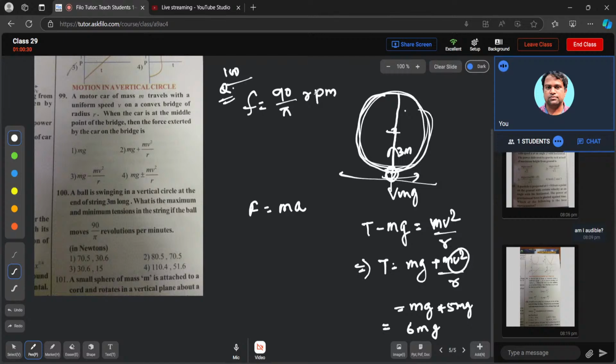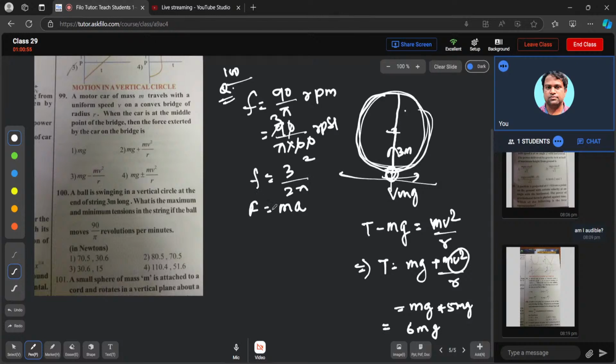So per second, 90 by pi into 60, that is RPS, revolution per second. So basically you are getting 3 by 2 pi as your frequency.